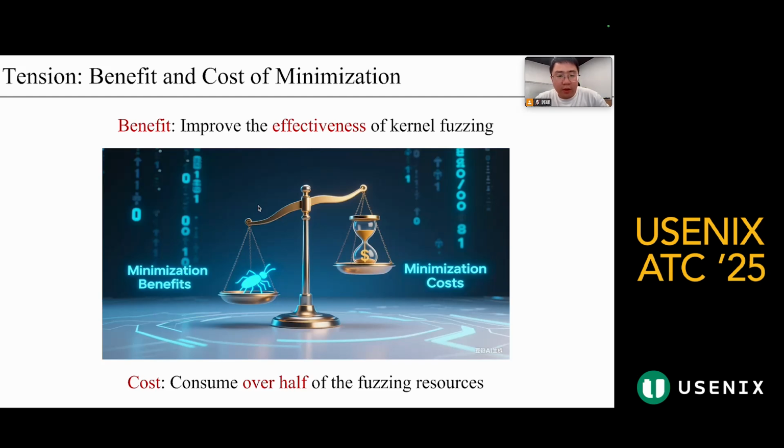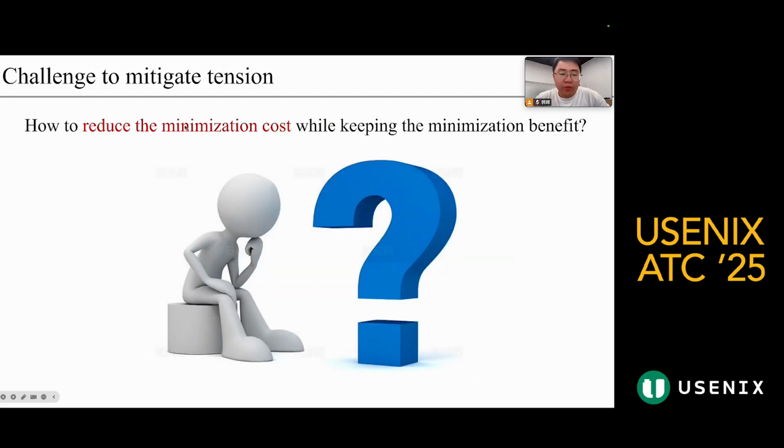So, the minimization stage can improve the effectiveness of kernel fuzzing, while it also consumes over half of the fuzzing resource. To mitigate the tension, the key challenge is how to reduce the minimization cost while keeping the minimization benefits.